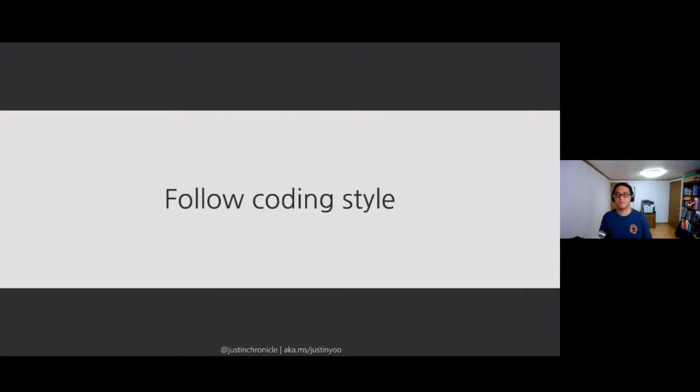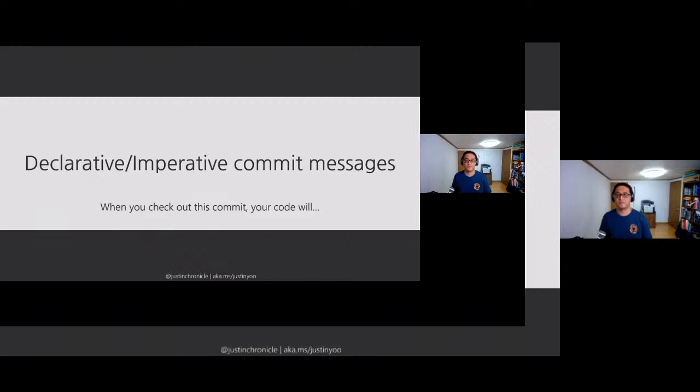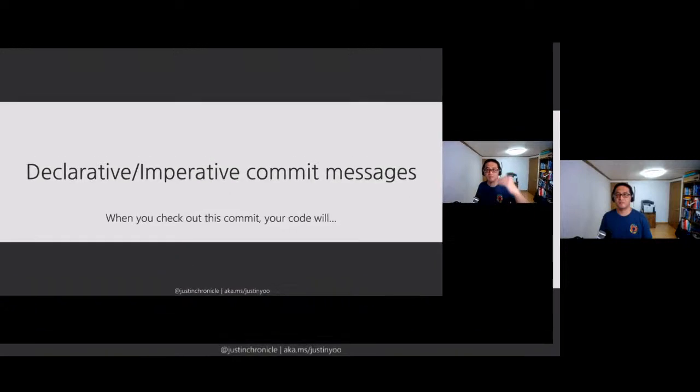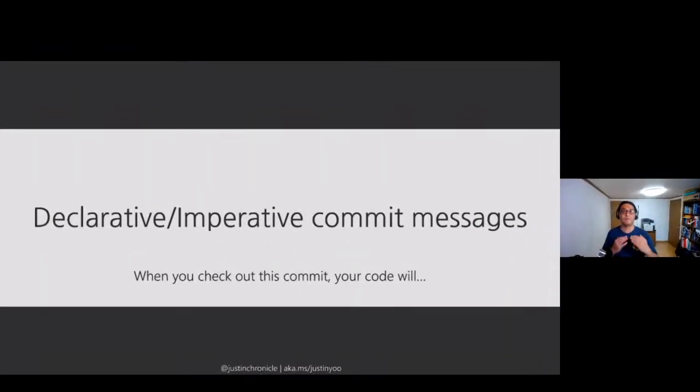Do not use, like, deleted these variables, updated this method. We don't have to use past tense. We use just the imperative, so that when people check out from this commit to this commit, they understand: I will add this feature, I will remove these variables, so that people can understand more clearly and easily.